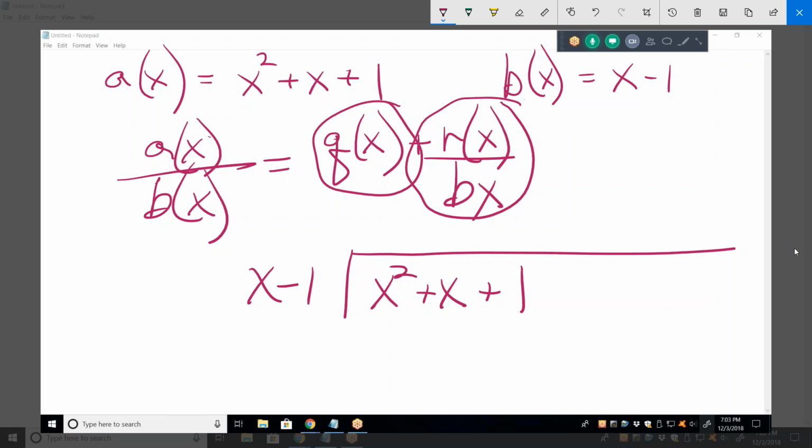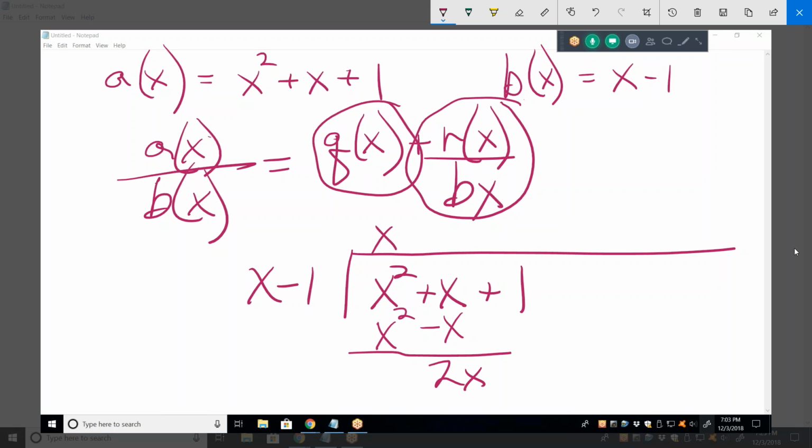Okay. But doing it with long division, you take the x, you divide it into x squared to get x. Then you multiply the x by both terms. So I get this. And then you subtract. You're always subtracting when you're doing long division. Well, x minus a negative x is 2x.